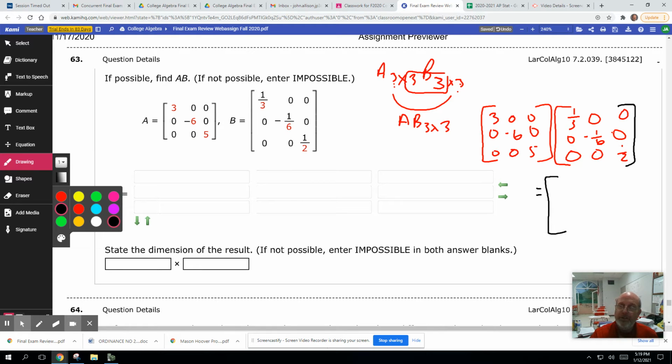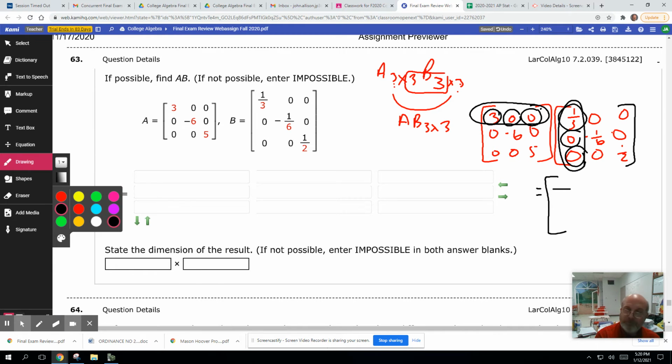And we get the first row, first column entry here by doing the first row times the first column of this matrix. When we're doing matrix multiplication, we multiply 3 by 1/3, then 0 by 0, and this 0 by this 0, and we add all those together.